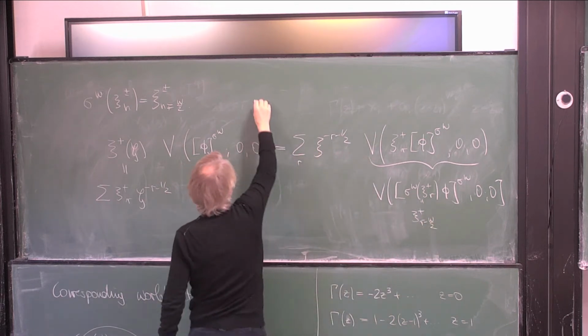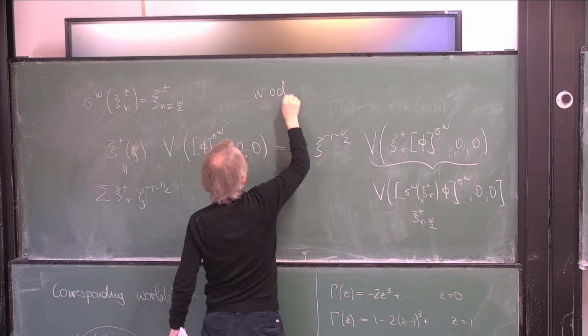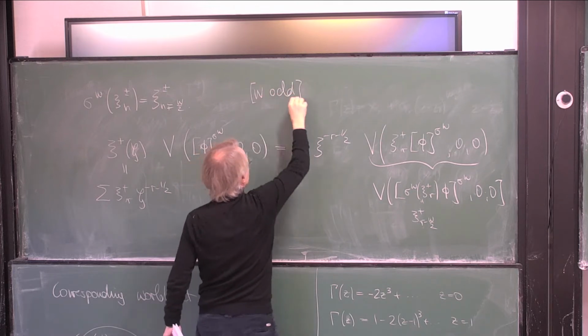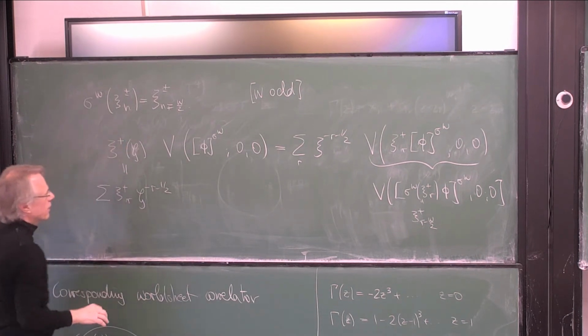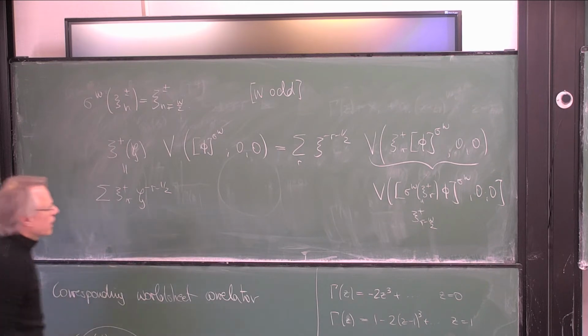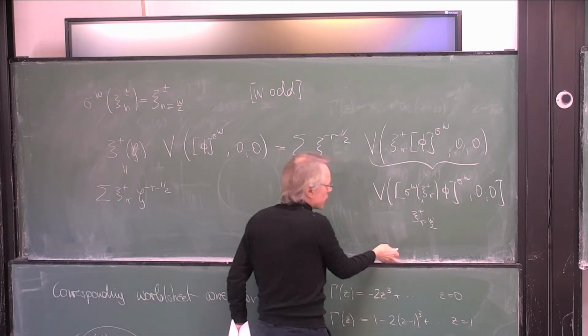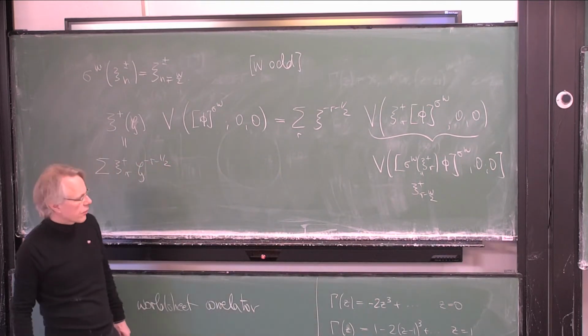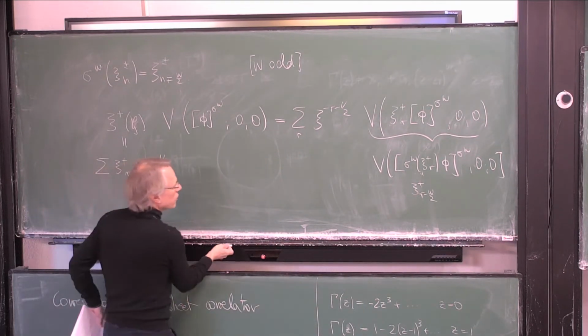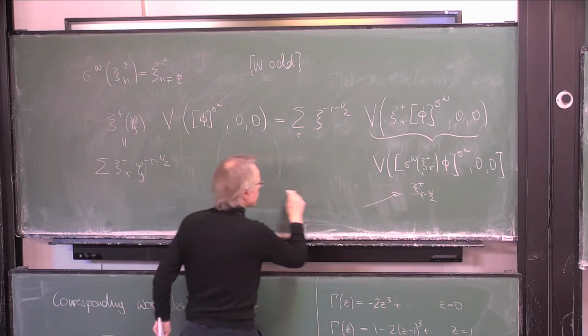And I'm going to look at the case w odd. W even is slightly more complicated, but it doesn't really matter. Just for simplicity, let's treat w odd, so that these fields live in the Neveu-Schwarz sector, and then I don't have branch cuts. We are going to see that the leading term, the lowest term that survives, is the term with r equal to w over 2.